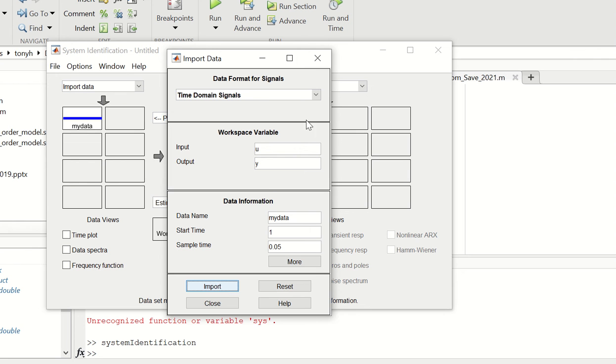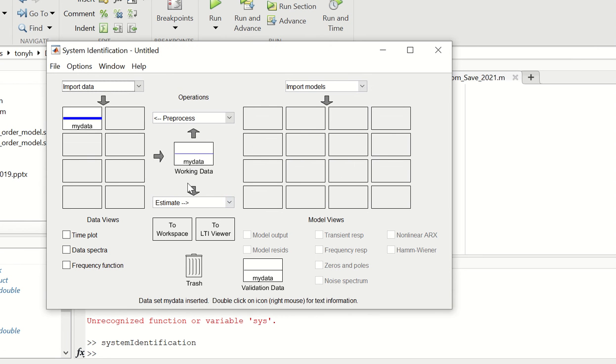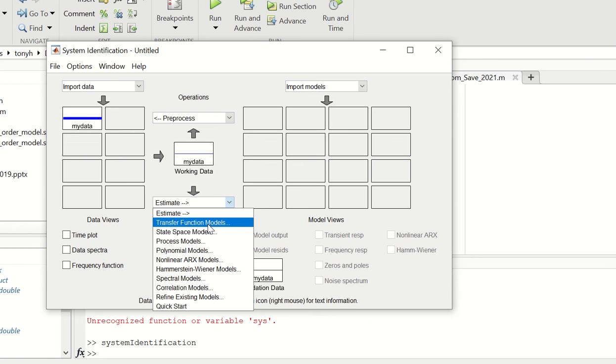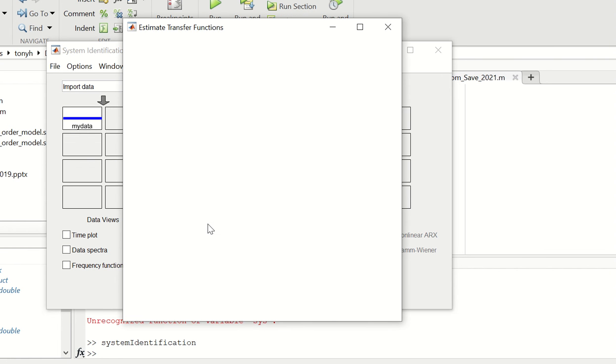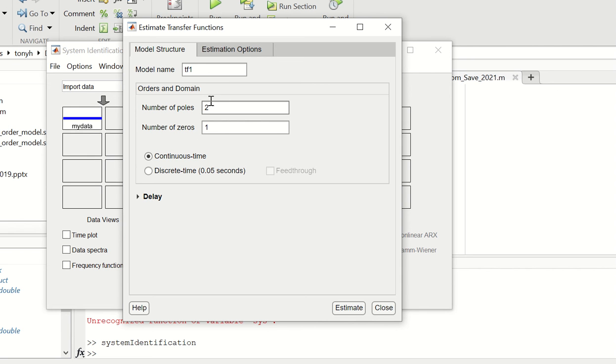and that then imports data into the package, and then we go to estimate, this box here, and we go for transfer function models, and it now asks us how many poles and zeros we want. In our particular case, we're going for 3 poles and no zeros, because we know this is the answer to our problem.